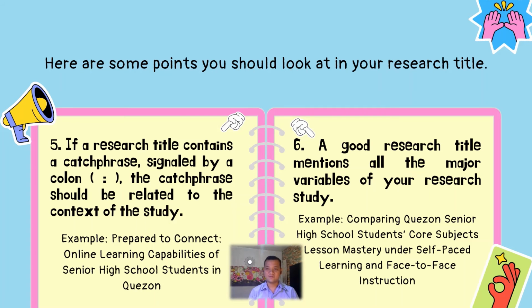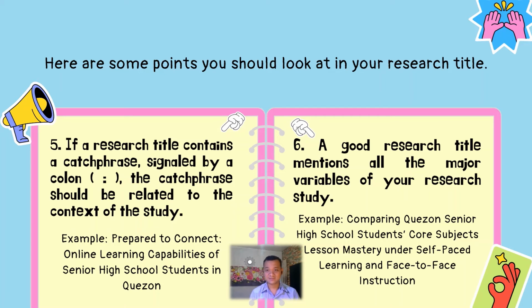The fifth thing that you have to remember when you write a research title is that if a research title contains a catchphrase signaled by a colon, the catchphrase should be related to the context of the study. Take a look at this example. Prepared to connect: online learning capabilities of senior high school students in Quezon. Can you identify the catchphrase here?